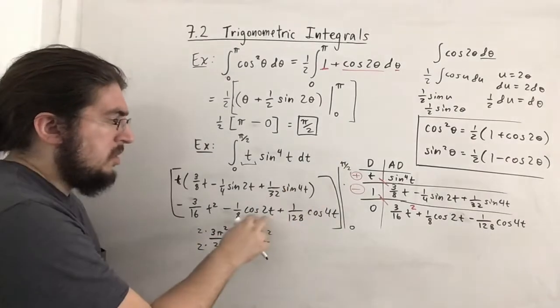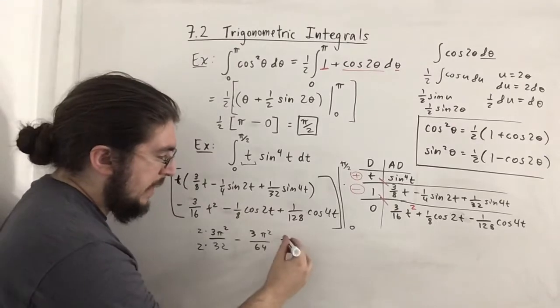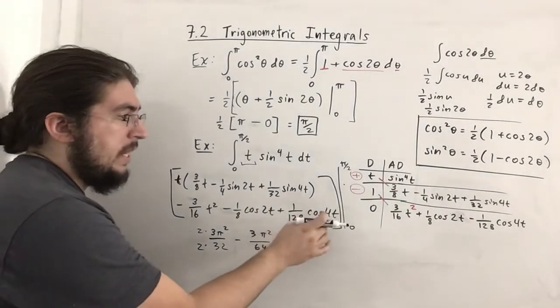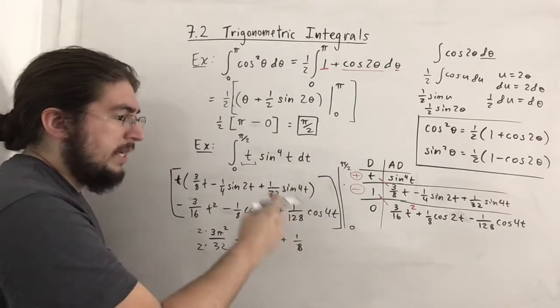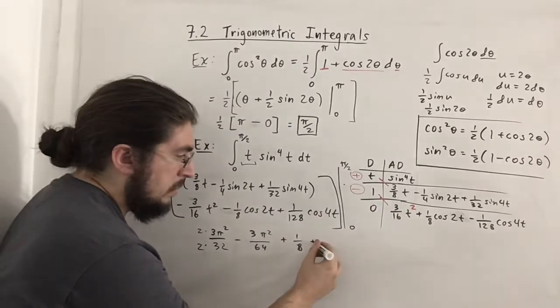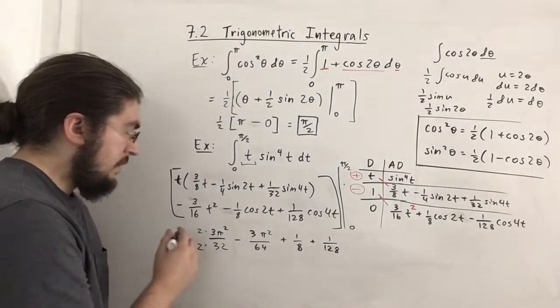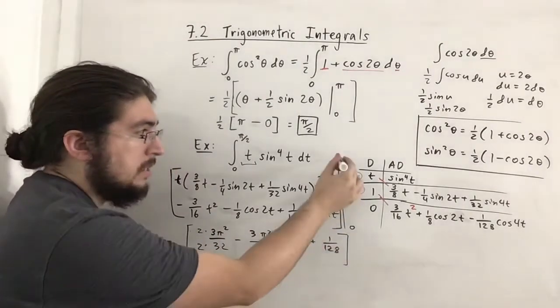When you plug in pi over 2 times 2 is pi, cosine of pi is negative 1. Negative 1 times negative 1/8 is positive 1/8. And then here we get 1 over 128 cosine of 4 times pi over 2. 4 times pi over 2 is 2 pi, cosine of 2 pi is positive 1. So that's plus 1 over 128. And then minus, so this whole thing is the first part, plugging in just pi over 2.